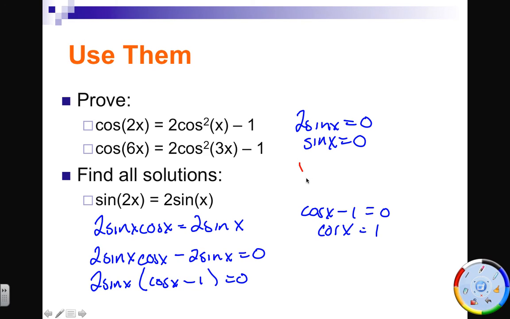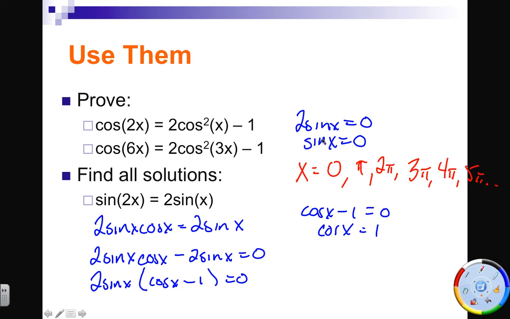All right, so x is equal to, well, where is sine equal to 0? Sine is equal to 0 at pi, at 2 pi. If you keep going around the circle, it just continues: 3 pi, 4 pi, 5 pi. And I don't want to keep writing because I'm going to be here forever.